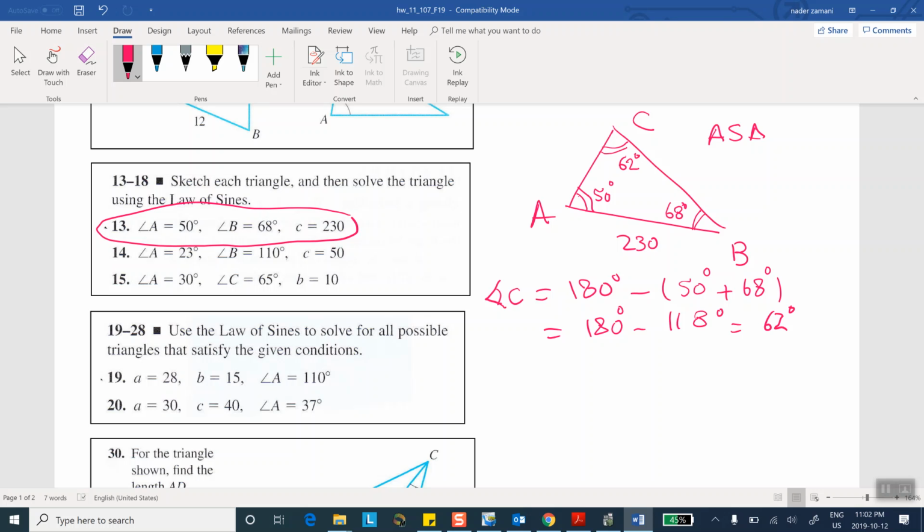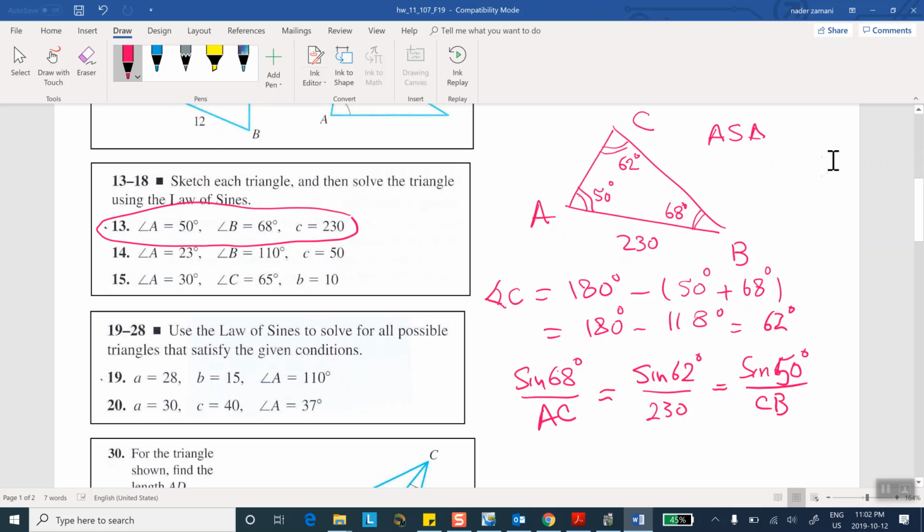Okay, so let's find AC. So we have sine of 68 degrees divided by the length AC, equal to sine of 62 degrees divided by 230, and this is equal to sine of 50 degrees divided by side CB.